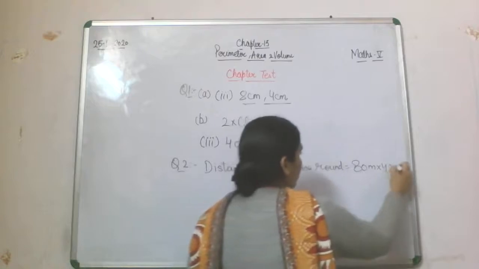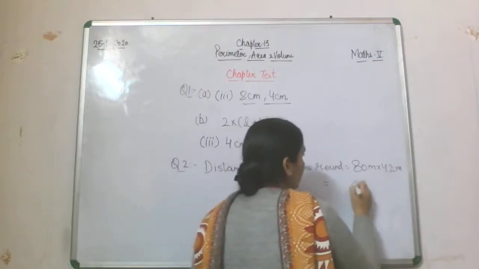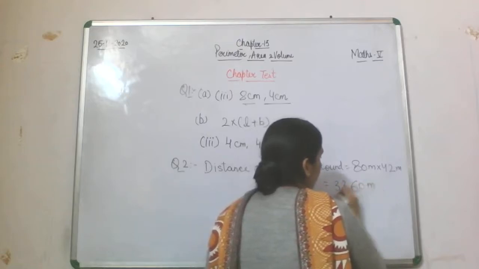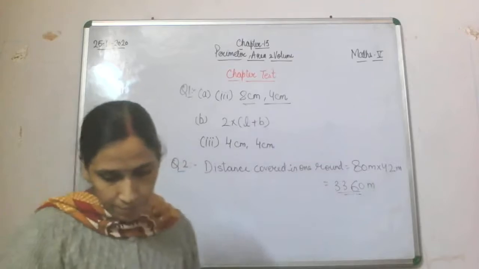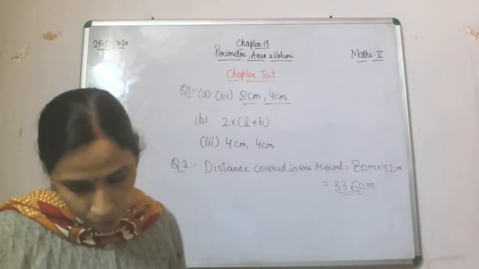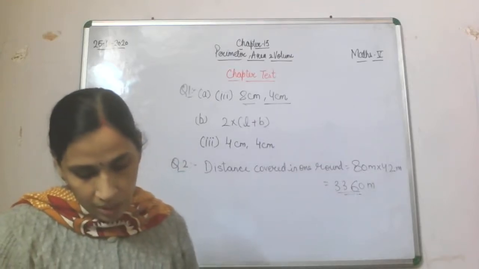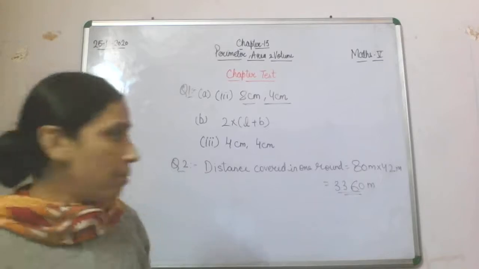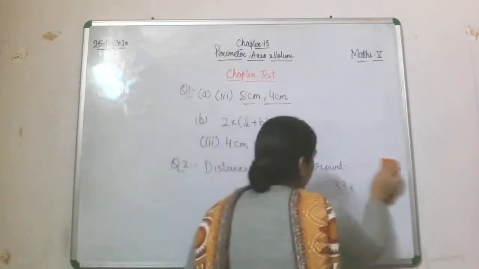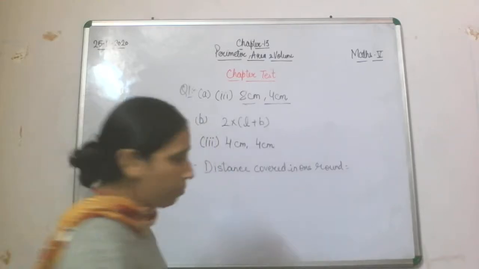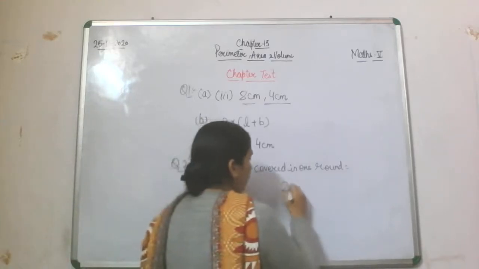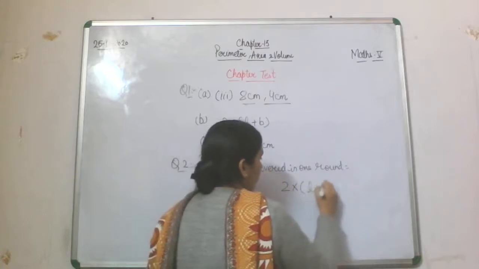Okay, here we were talking about the distance that she runs. So distance means we are talking about the perimeter. So what we will do, and how much distance does she cover in 4 rounds?